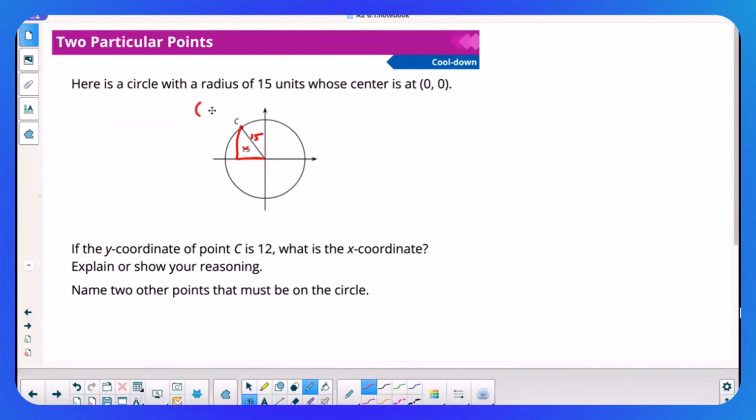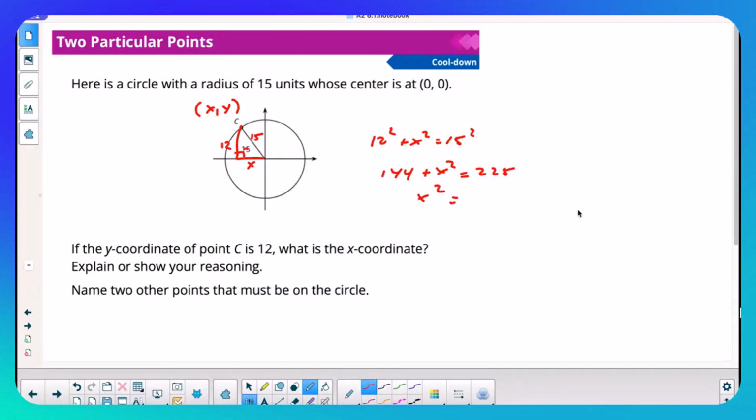So the y-coordinate is 12. So we don't know x. We need to find x. So y is 12. Here's x. Do a little Pythagorean theorem. 12 squared plus x squared equals 15 squared. Let's see here. 225 minus 144.